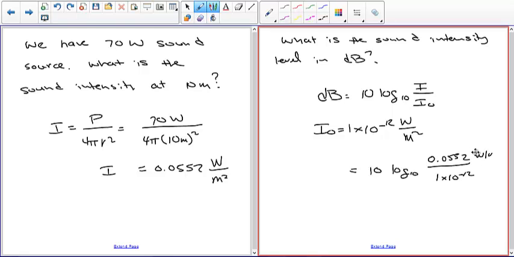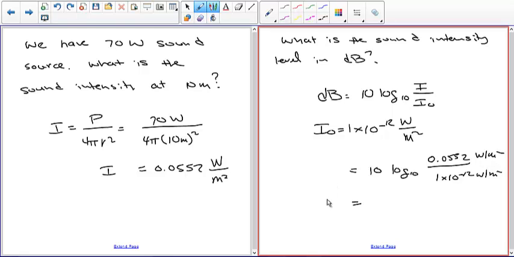These are both watts per meter squared, which has to be because you can't have units when you take the log of something.